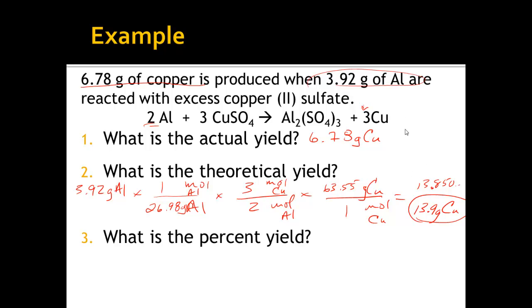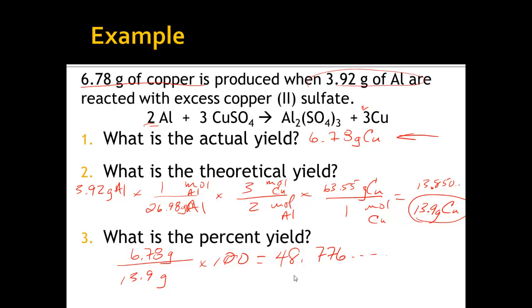But in all actuality, I only got 6.78 grams. So what's my percent yield? Okay, so again, percent yield is the actual, what did I actually get from the experiment, divided by what I should have gotten from the experiment, times 100. Okay, and I do that with my calculator, and I get 48.776, and again, some more numbers.